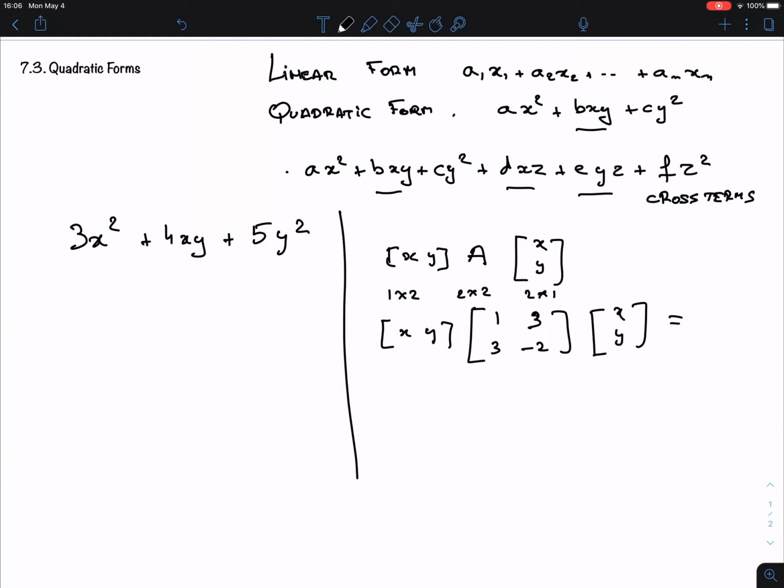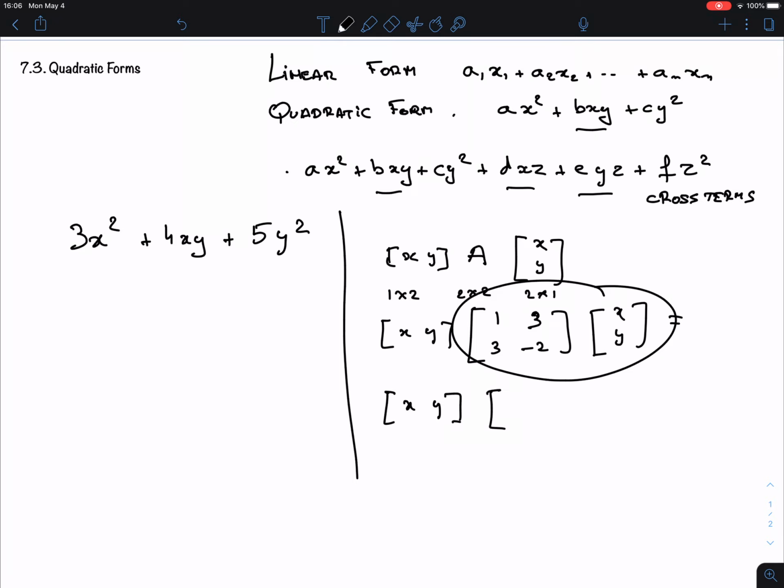So altogether, what is going to be a 1 times 1, so a number, right? Well, a number, it's an expression. And you'll see it's exactly the expression that you get is a quadratic form. Okay, so let's work it out. So we have x, y. Let's do these two guys first.